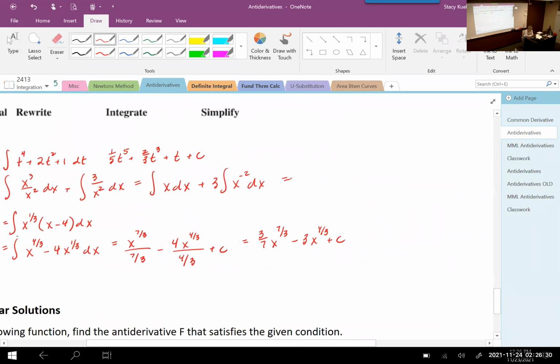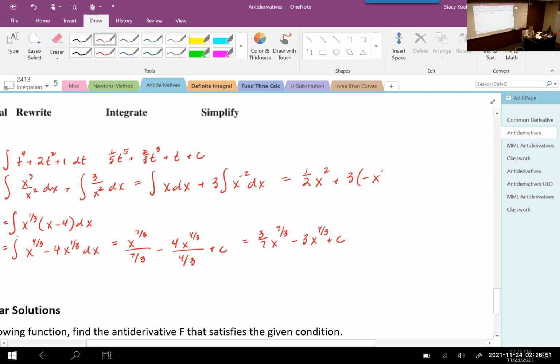So what's the integral of x? So that would be 1/2 x squared plus 3 times negative 2 plus 1 would be -1 over -1.